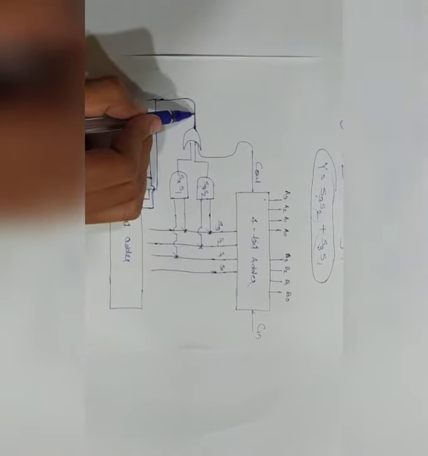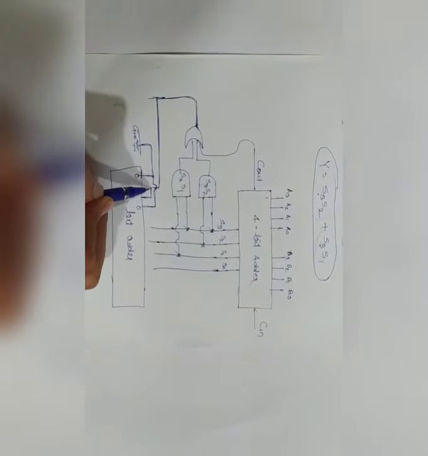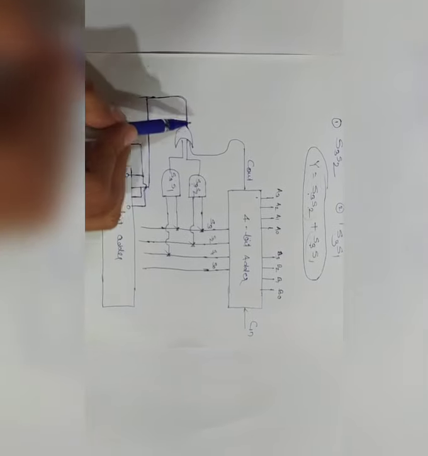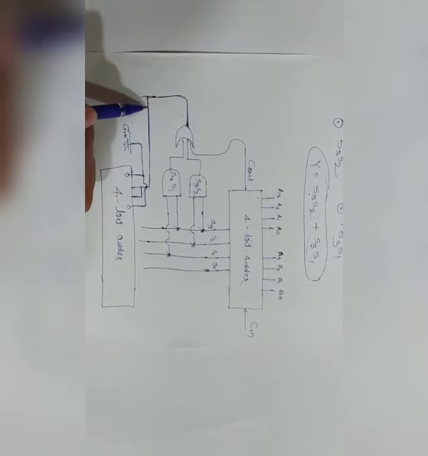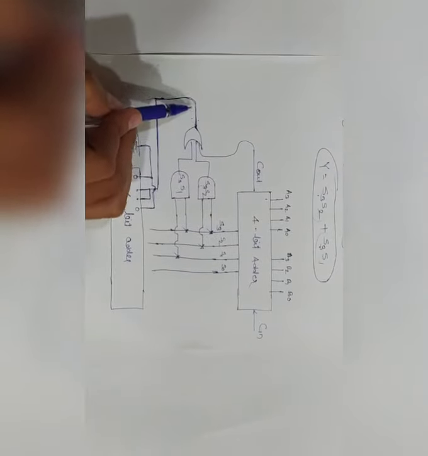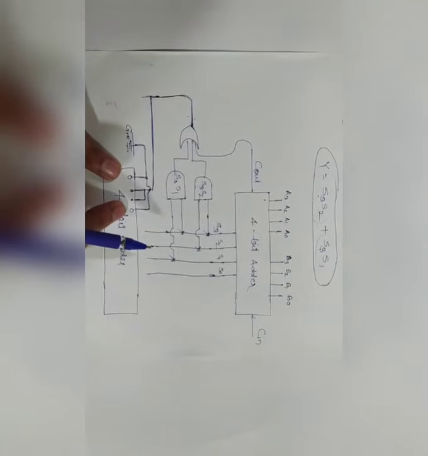Now the output of the OR gate is given to this bit and this bit, right? The output is 0 or 1. If the output is 0, here it comes 0 0. If the output is 1, here it is 1 and 1, that means 6, right? Means you are having here only 0000 or 0110, that means 6.